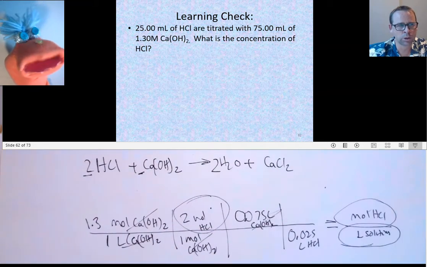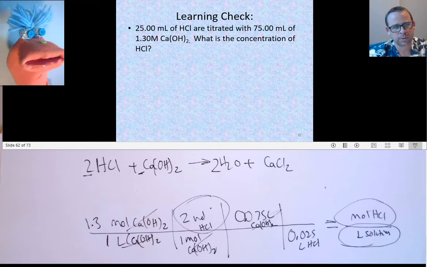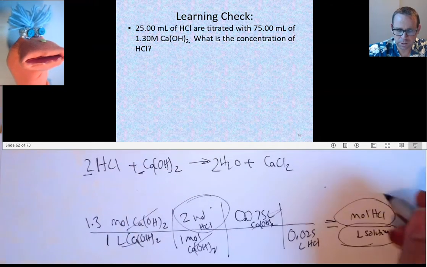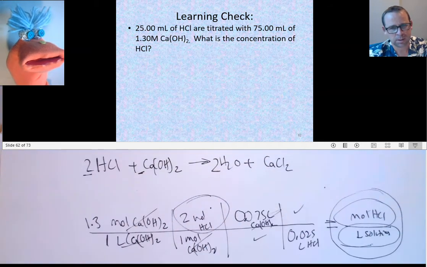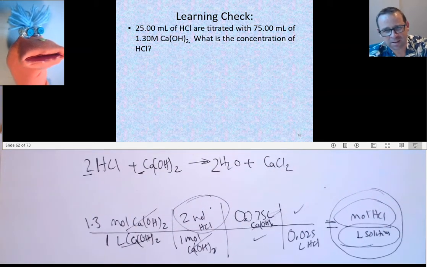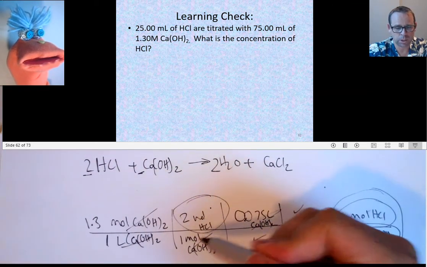Now, are you sure it's okay not to have anything above or below those volumes? Yeah, that's all right. All we need to do is get the right units over here. So I don't need to have anything in those missing spaces. Not everything is expressed in terms of moles per liter, or the molar ratio, right?